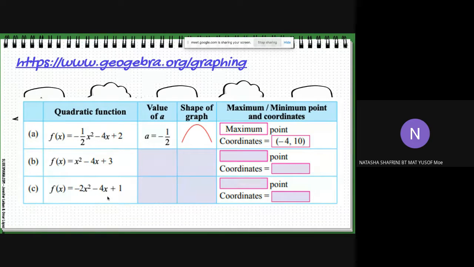Kalau you rasa macam boring je, slow sangat cikgu ajar, cikgu boleh lajukan sikit. Okay, dah?